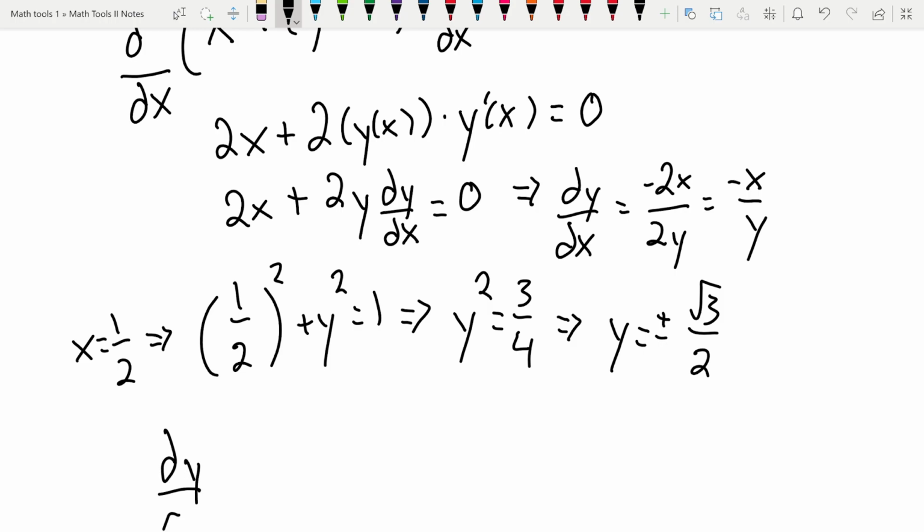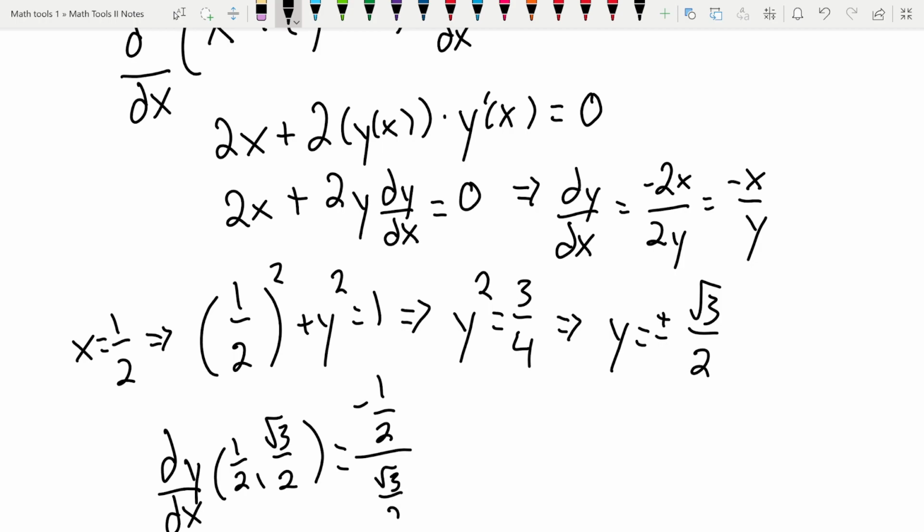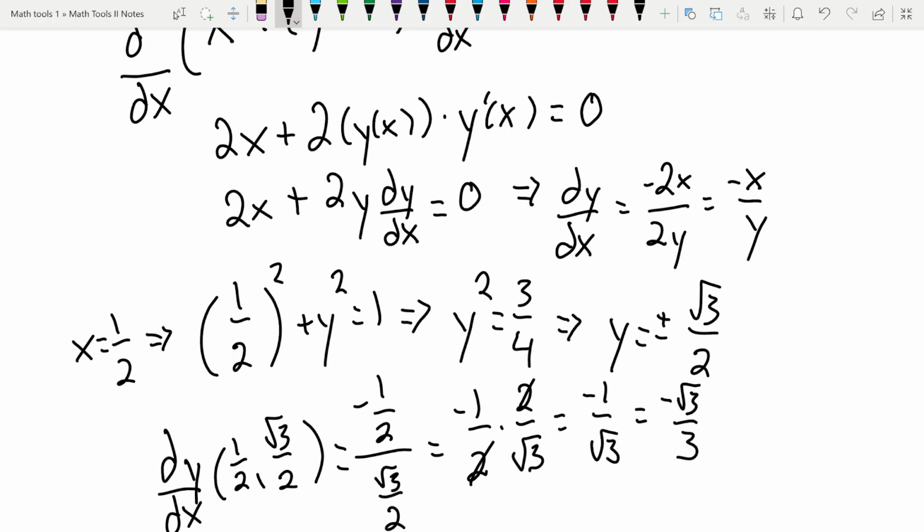So maybe you do something like dy/dx of the point 1/2, root 3 over 2. And then you could do negative 1/2 divided by root 3 over 2, which would be negative 1/2 times 2 over root 3. These cancel and you get negative 1 over root 3, or if you prefer the radical on the top, negative root 3 over 3.